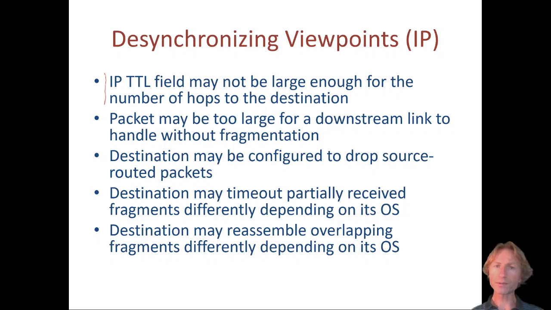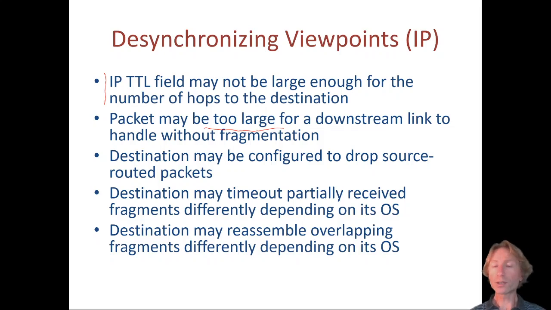Likewise, you may make use of the fact that somewhere downstream there may be a link that accepts only smaller MTUs, right? And if you set it to forbid fragmentation, that packet will not reach the victim.